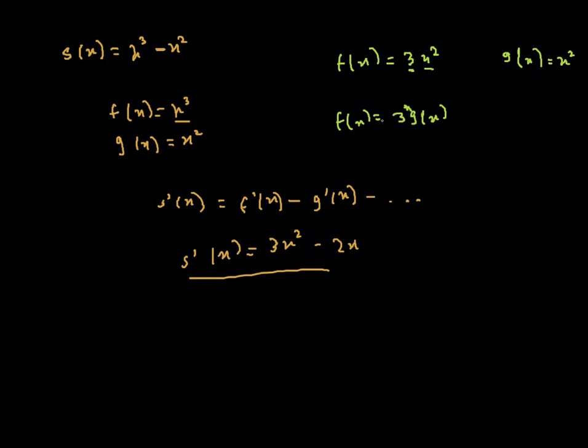So the derivative will be 3 into 2x, because the derivative of x squared is 2x, so it will be 6x. So this is the answer.